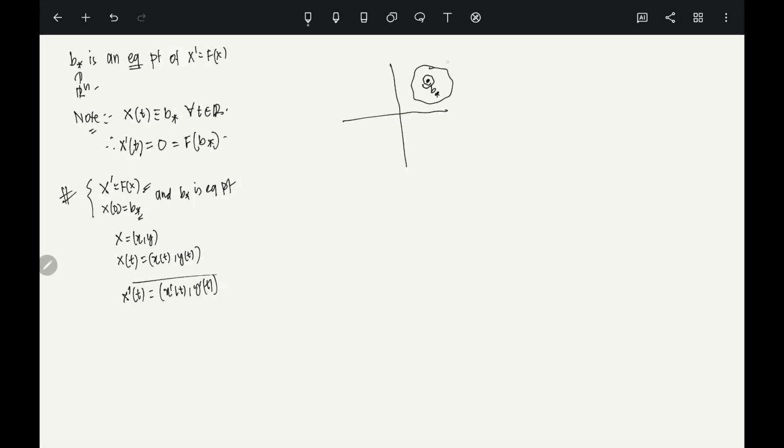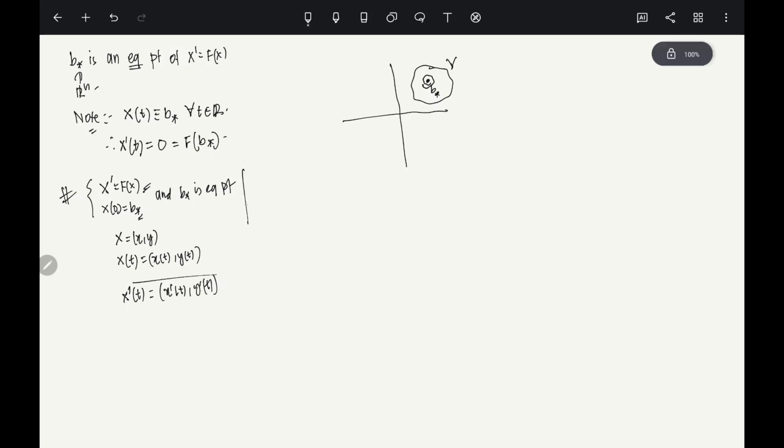So there is a neighborhood of B star, let's say V, such that the solution will always be contained in it. It cannot go out of our neighborhood. So there will be a neighborhood where you can contain the whole trajectory of the solution.